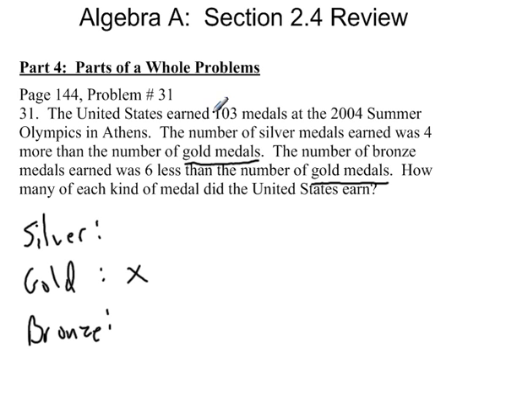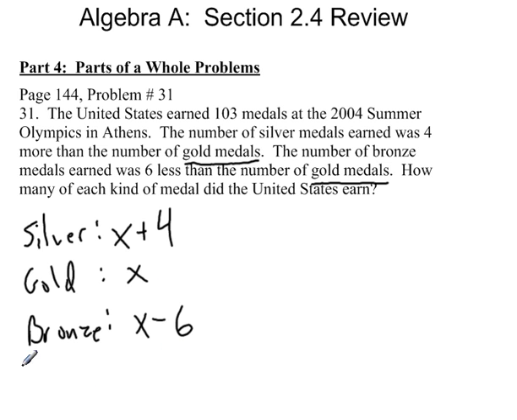Let's start with silver. The number of silver medals earned was 4 more than the number of gold. If gold is x, then silver would be 4 more, which is x plus 4. The number of bronze was 6 less than gold. So bronze must be gold minus 6. So that's how I set my key up.